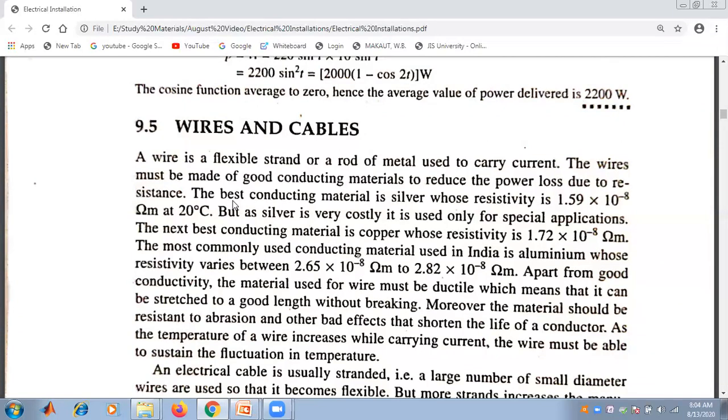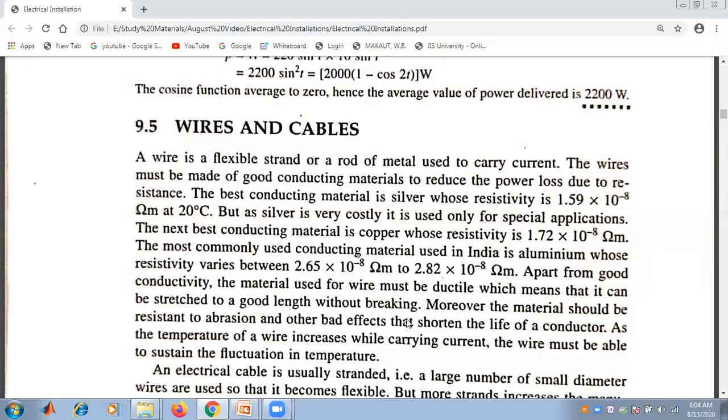The best conducting material is silver, whose resistivity is 1.59 into 10 to the power minus 8 ohm meter at 20 degrees centigrade. But as silver is very costly, it is used only for special applications.